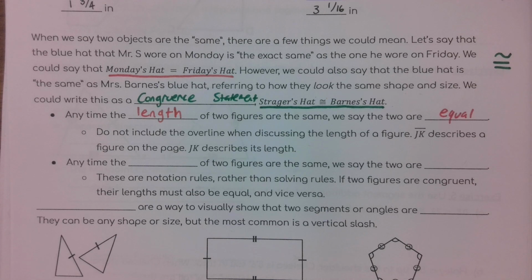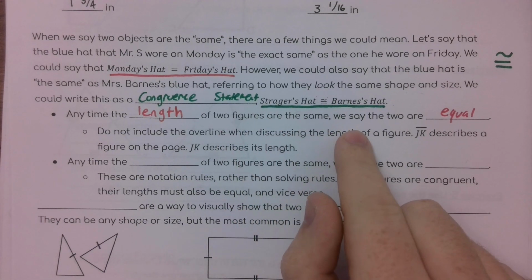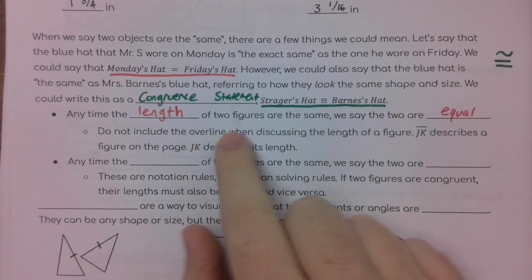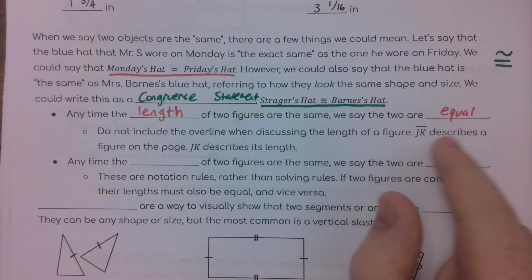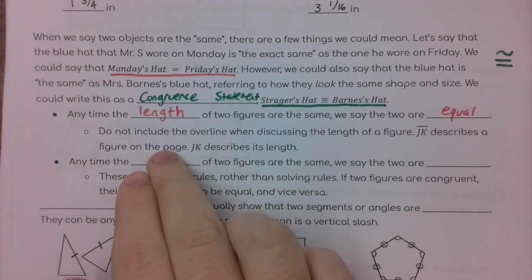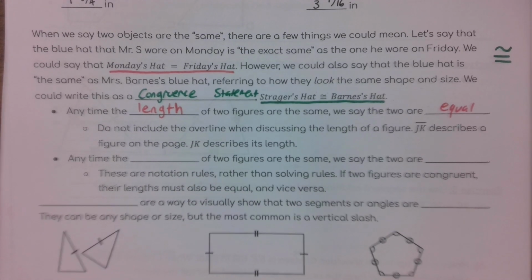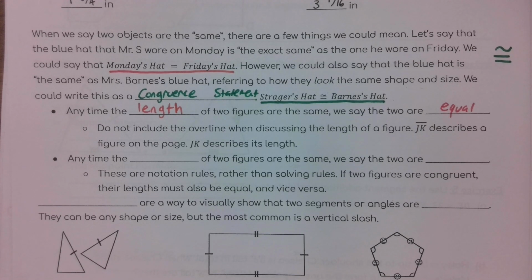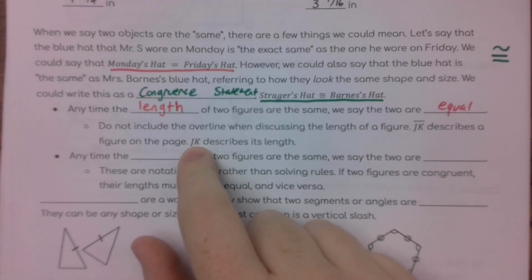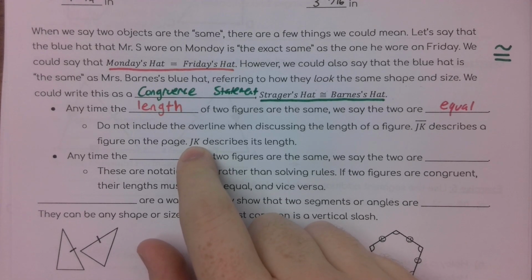Those 2 would be called equal. When you describe the length of a figure, don't include the line over the figure. So line segment JK describes the way a figure looks. Just JK is telling us the length of that figure. So you would say JK equals 4, for instance, and that'd be a reasonable statement.